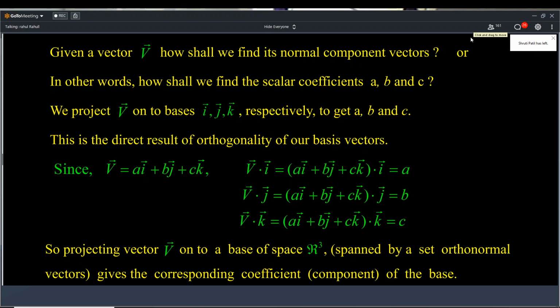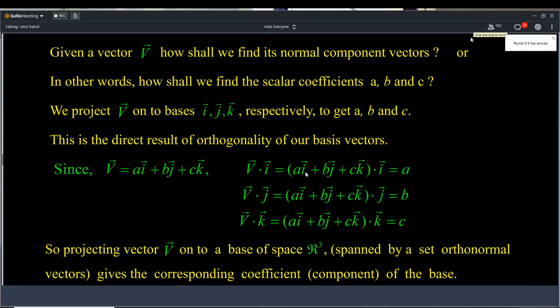Then, given a vector V, how shall we find out the components, that is the values of a, b, and c? It is a simple thing. If V = ai + bj + ck, how do we find the value of a? Simply take the dot product of V with that particular basis, that is i. V·i is nothing but a, because you are using the orthogonal property.